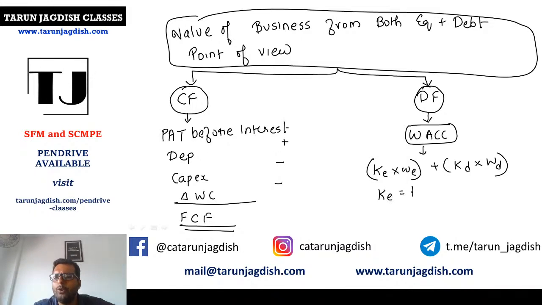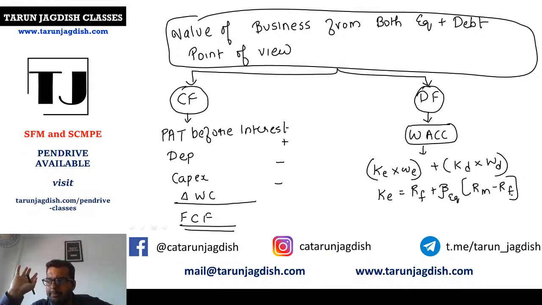Friends, I can use CAPM formula, that is RF plus beta equity into RM minus RF. Am I right? Now tell me, RF is a bank FD rate I can get from any bank. RM I can get from the market. How will I get beta equity if I am an unlisted company? Friends, if I am an unlisted company, I can find out the beta of my company using proxy beta. 4 steps. Beta equity of MT Educare, overall beta of MT Educare, overall beta of RPL, equity beta of RPL. So friends, whatever we learned so far, everything comes in this business valuation.